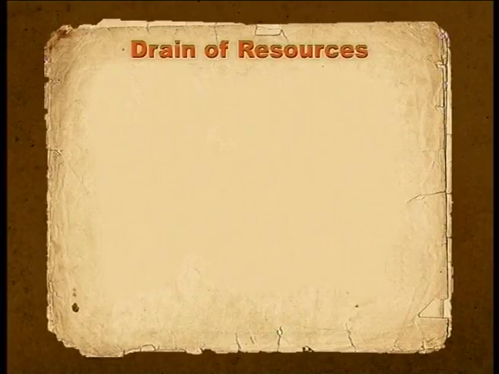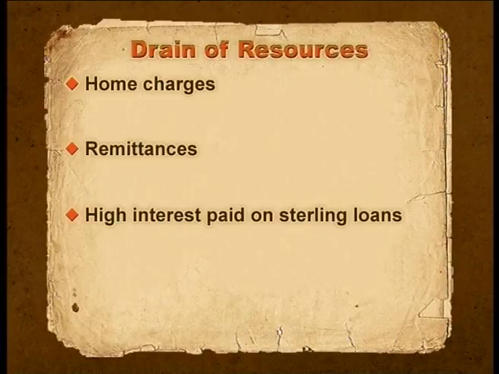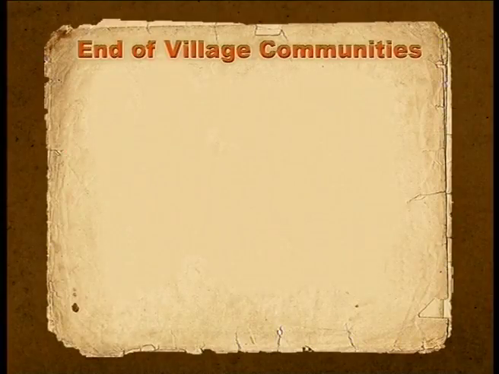Now all this has resulted in drain of resources which constitute several aspects like home charges, remittances, and also high interest paid on the sterling loans. What is more important is that the British conquest led to the end of village communities.